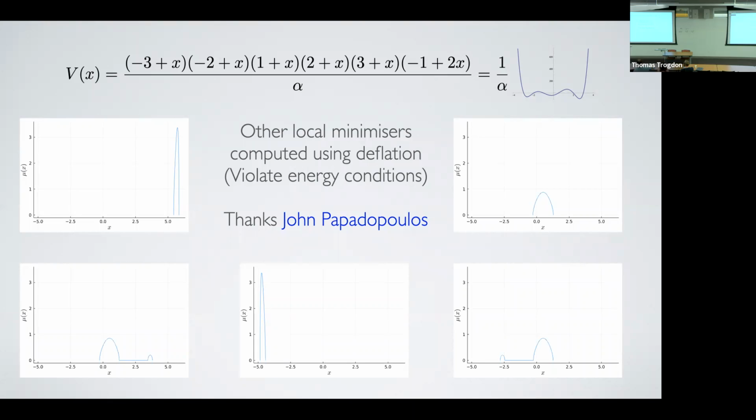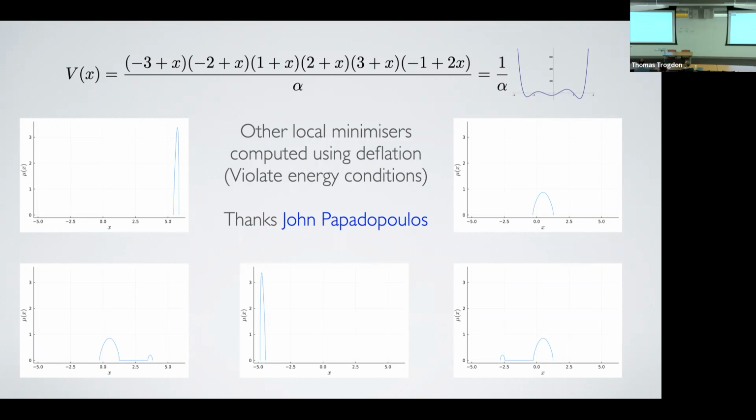So this is thanks to John Papadopoulos. I forgot what alpha it is, but this is for some choice of alpha where the true equilibrium measure is on 3 intervals of support, but there are still local minimizers that solve the equations that have 1 interval of support or 2 intervals of support, but we have those extra Euler-Lagrange conditions, so we can look at all these and figure out which one is the global minimizer.